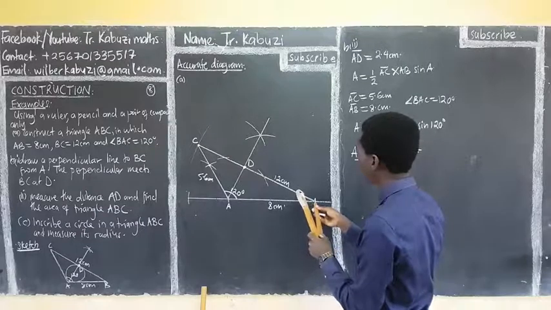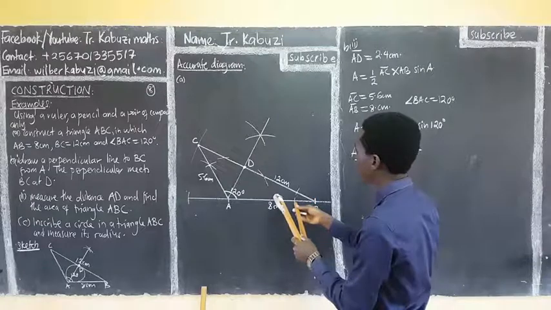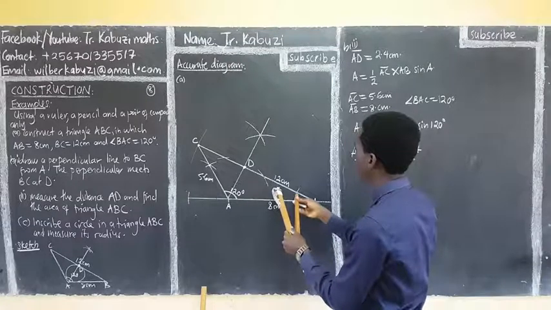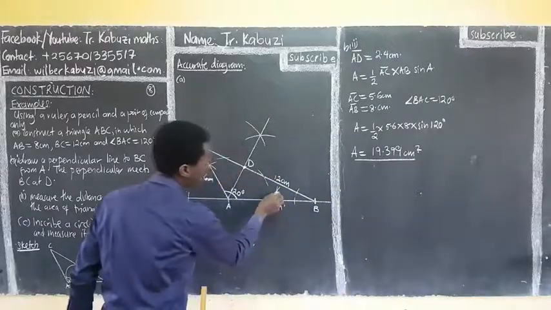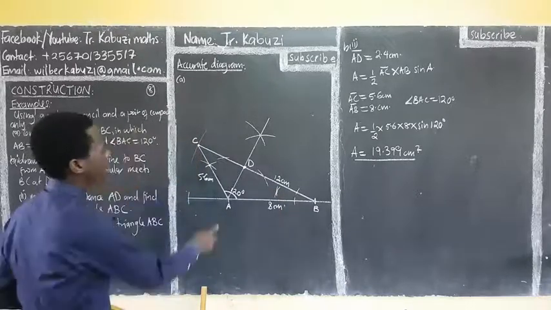You put your pointer there, draw an arc there and there, then you transfer, draw an arc there, and also transfer here and draw an arc there. Where the two meet, that's good.